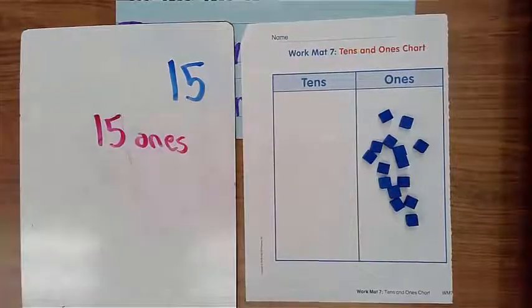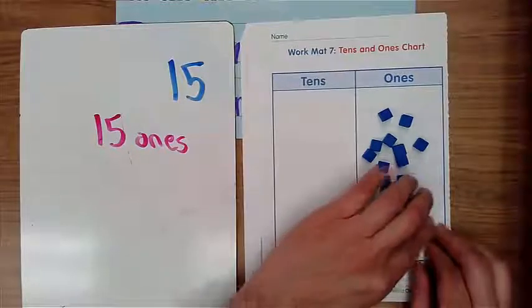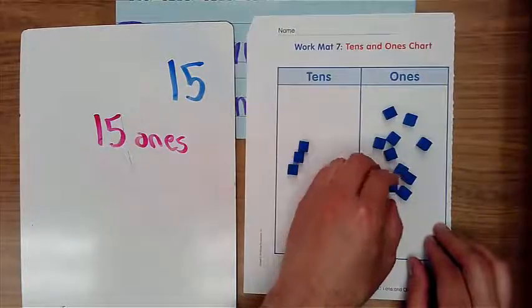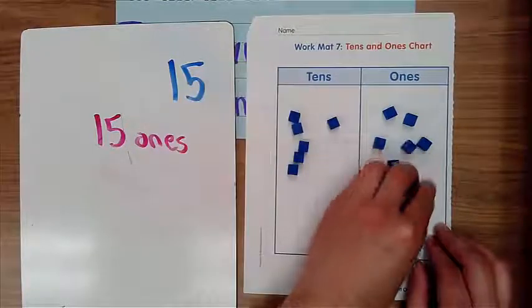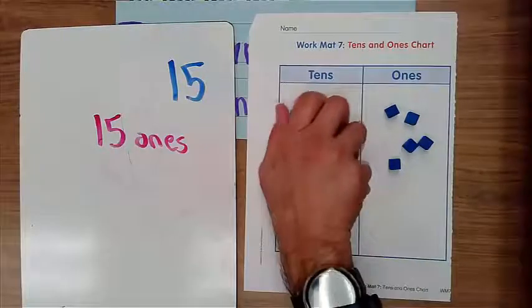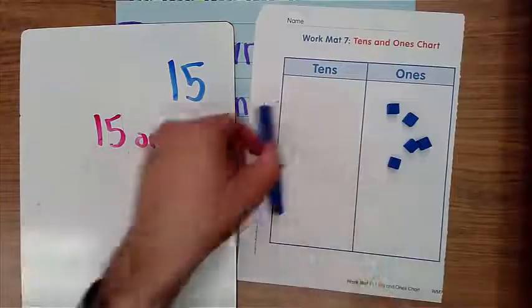I could also regroup, and then move 10 of these over. 1, 2, 3, 4, 5, 6, 7, 8, 9, 10, and then replace it with a 10 stick.